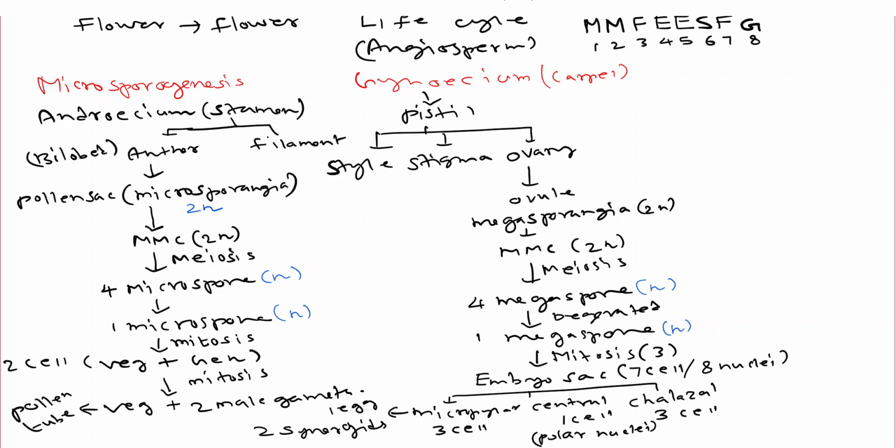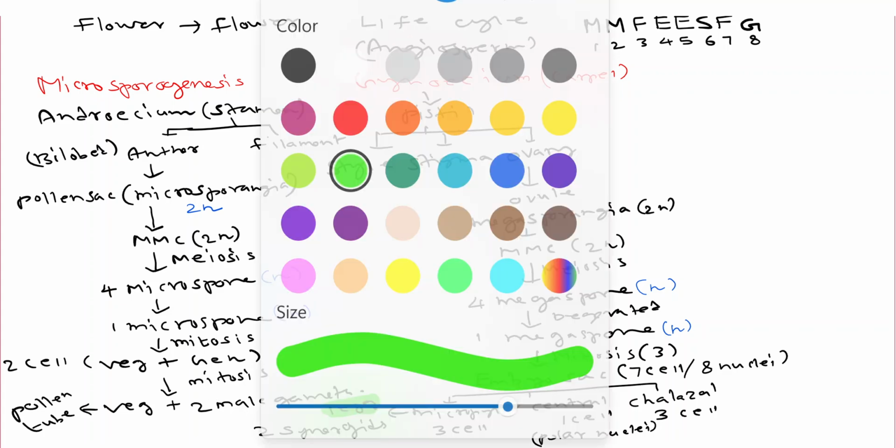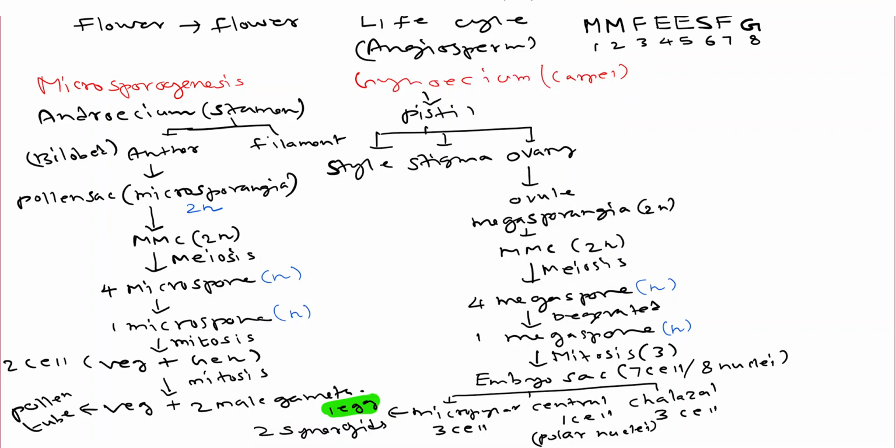Now, very interestingly, this egg cell is waiting for the male gametes, the 2 male gametes which are going to come and fuse. Out of these 2 male gametes, 1 gamete will fuse with the egg cell, and the other male gamete will fuse with the polar nuclei.